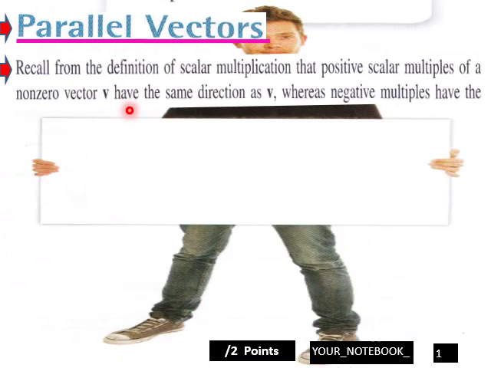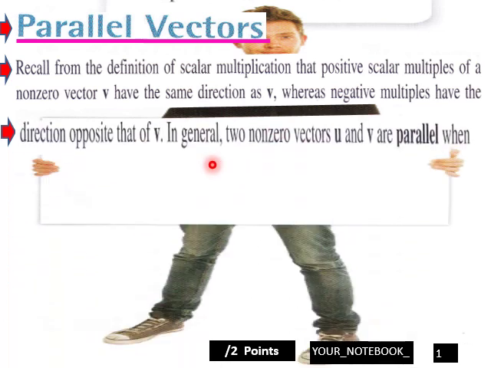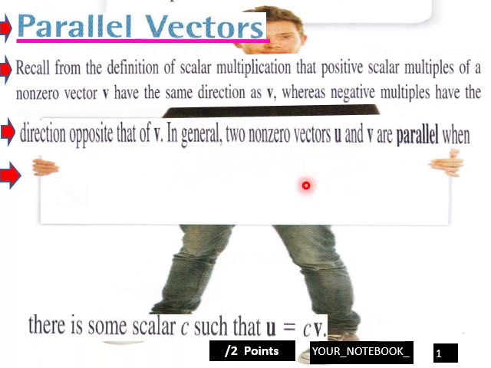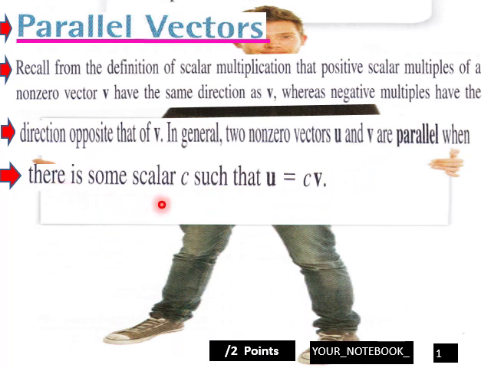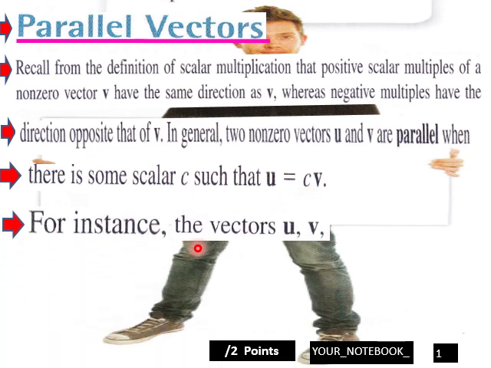Parallel vectors. Recall from the definition of scalar multiplication that positive scalar multiples of a non-zero vector v have the same direction as v, whereas negative multiples have the direction opposite that of v. In general, two non-zero vectors u and v are parallel when there is some scalar c such that u equals cv.